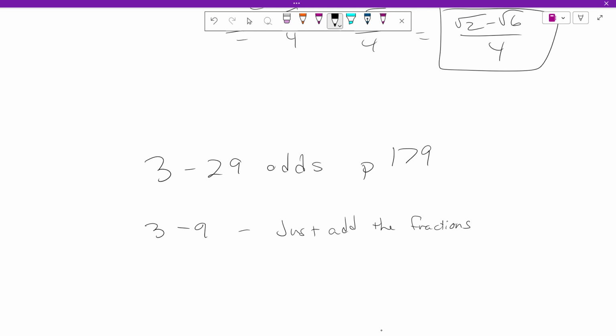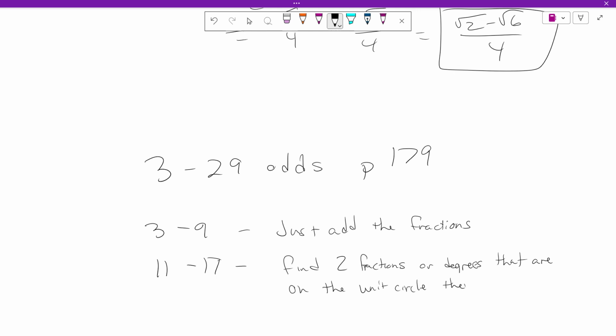On 11 through 17, find two fractions or degrees that are on the unit circle that have a sum or difference of the number.